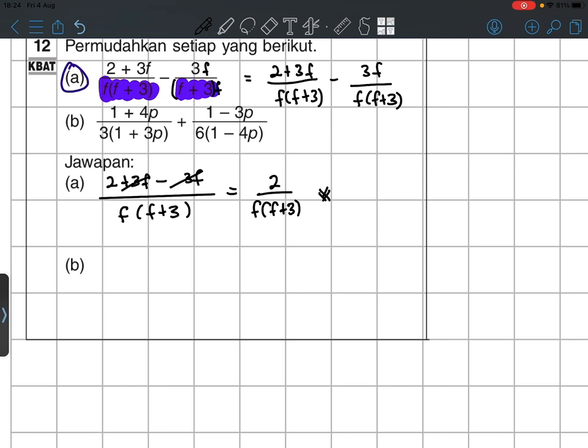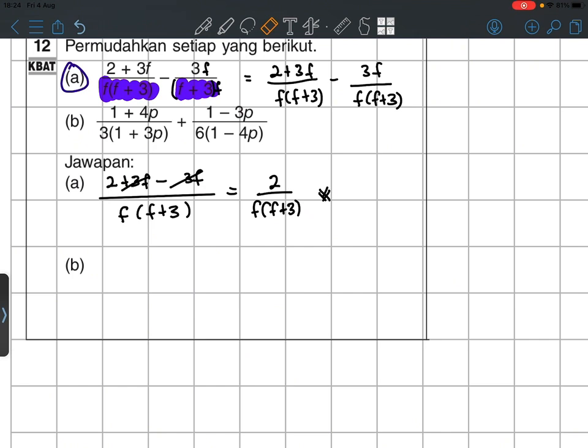So this is 1 plus 3p, so this is 1 minus 4p. So, we still can do something in order to make the denominator identical or similar.